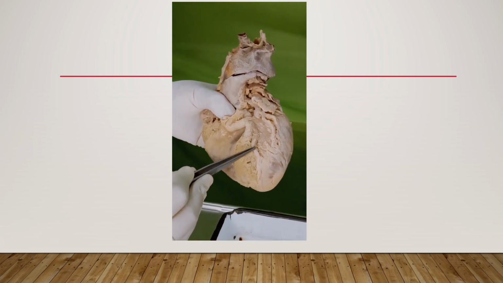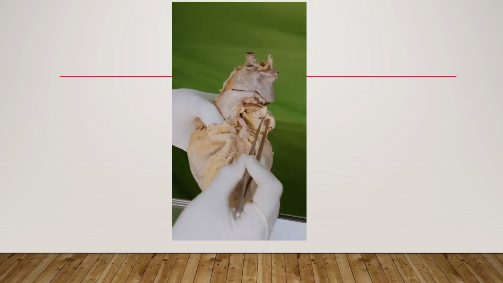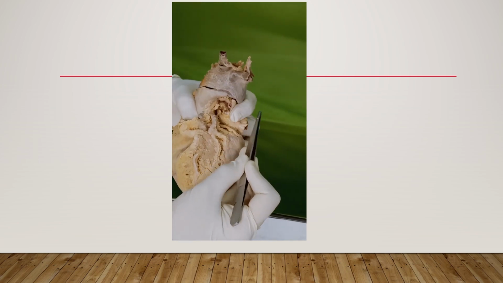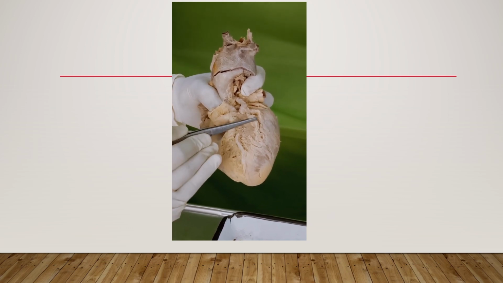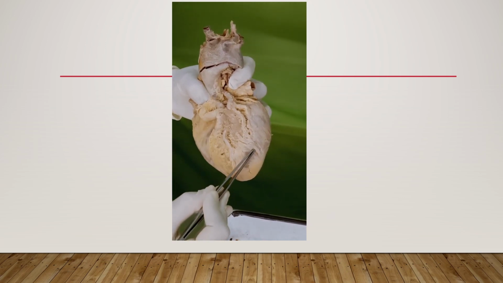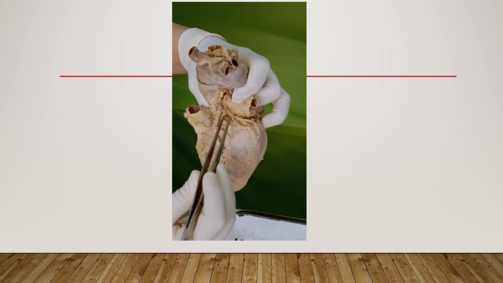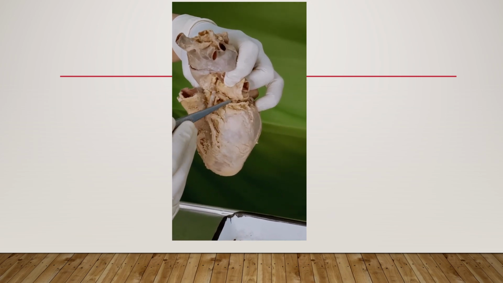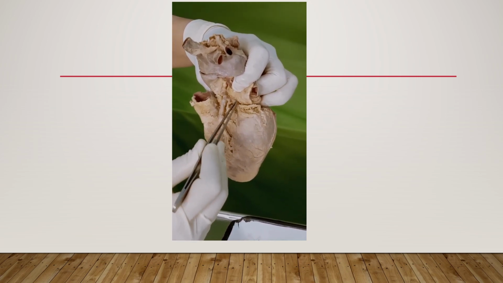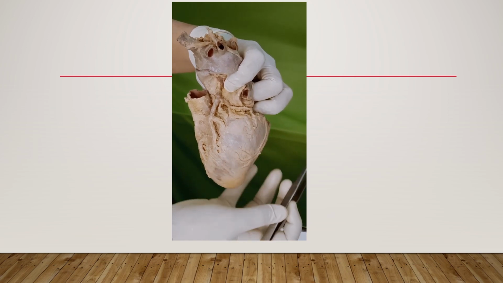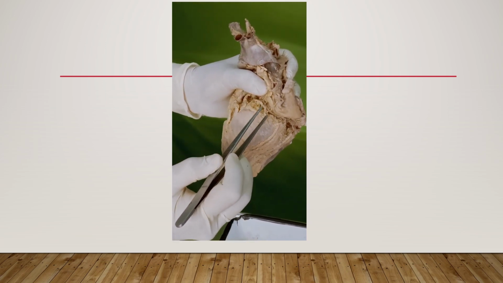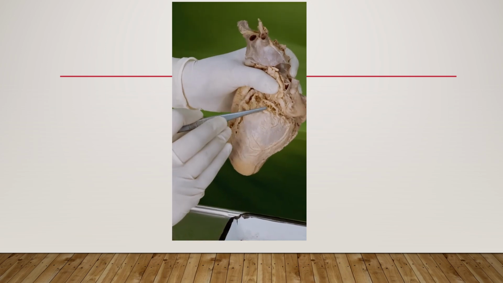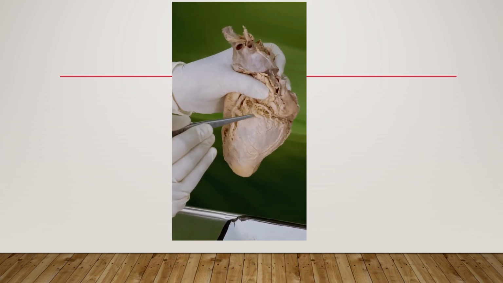Now after giving the anterior interventricular branch, if we just retract the left auricle, we can see the diagonal branch. Then we can see the circumflex branch, which is winding around the left border, and here we can see the left marginal artery.